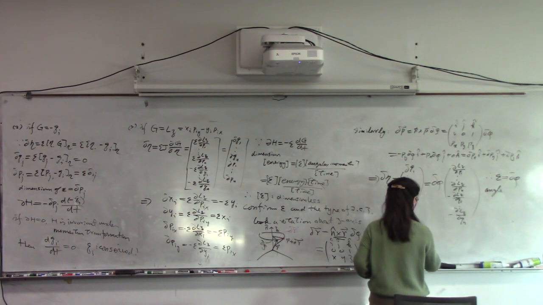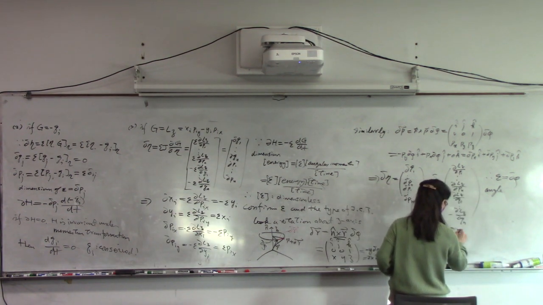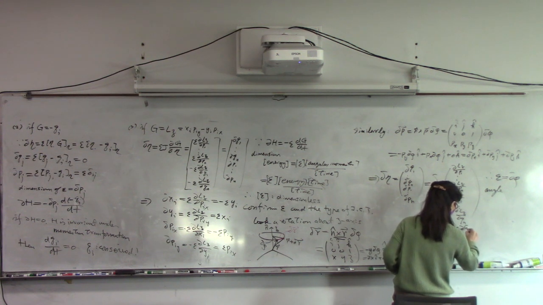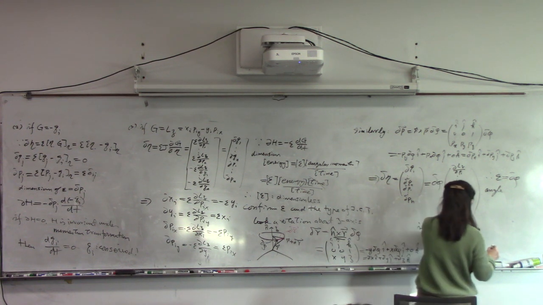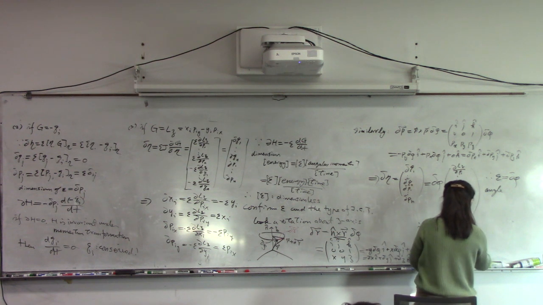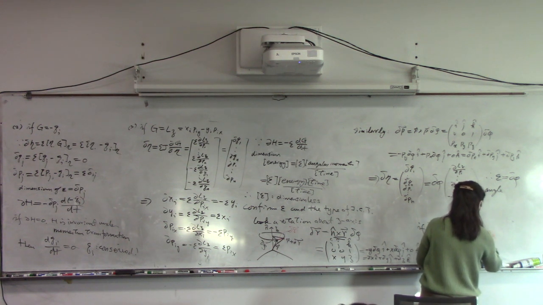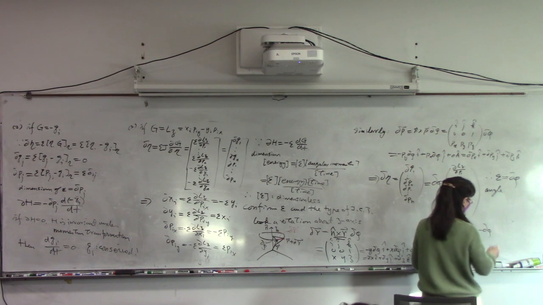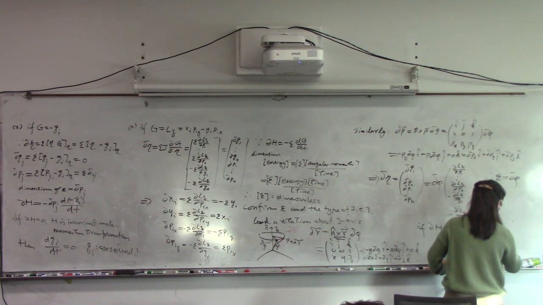So again we have here G, sorry, dG over dt is minus delta phi, which is an angle, times dLz over dt.